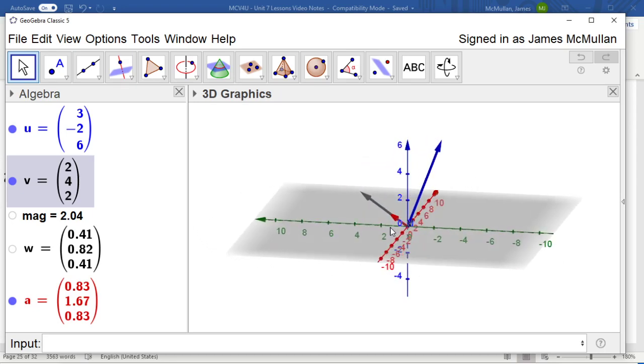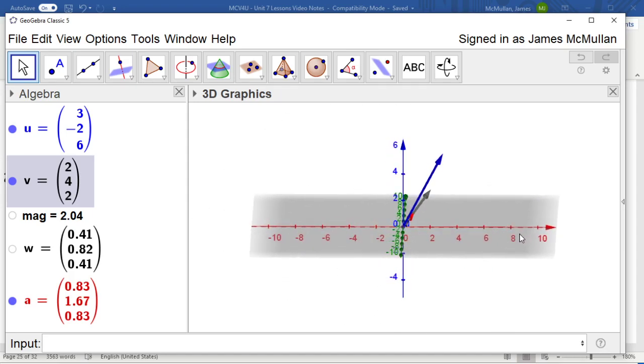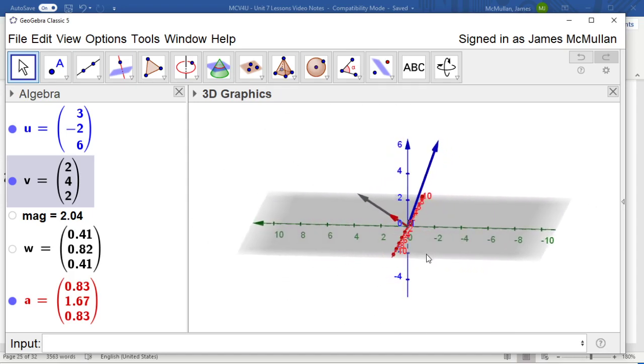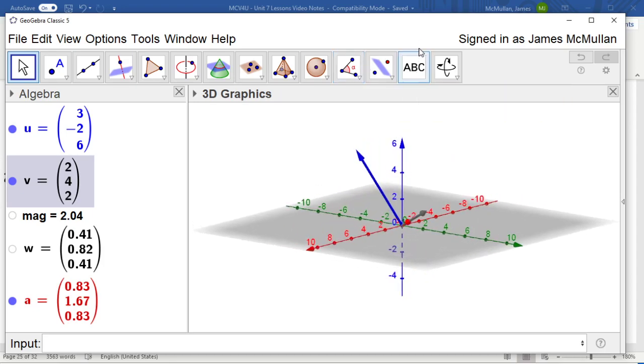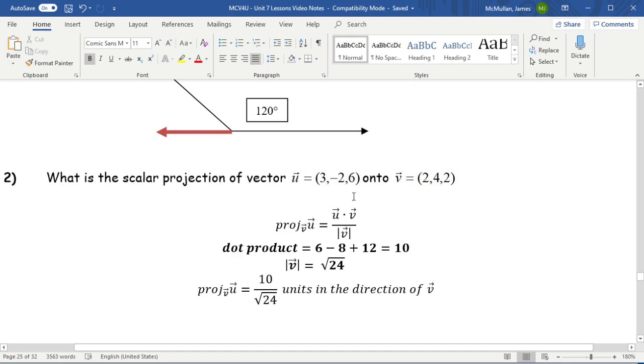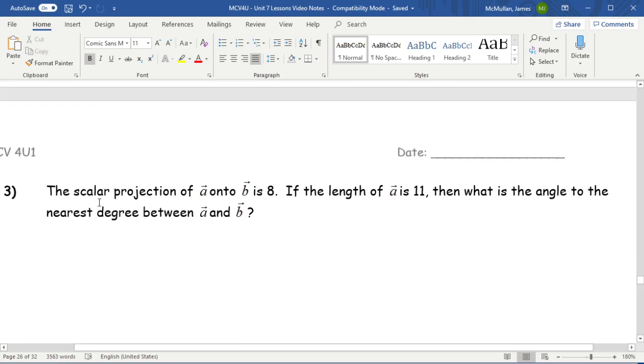So that it's still the same idea of projecting a shadow. It's just projecting it from one vector onto another in 3D. But the concept is still very, very similar. Okay? All right. So it's positive, so it's in the direction of v. We got that. Everything's good.